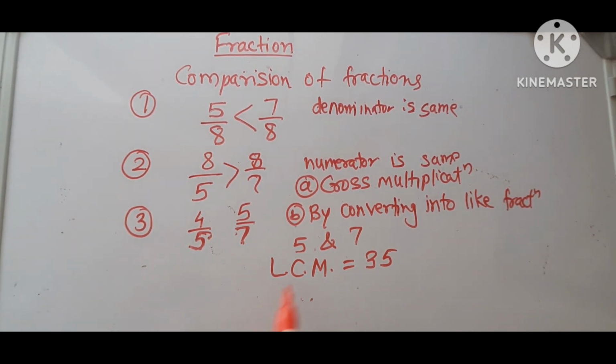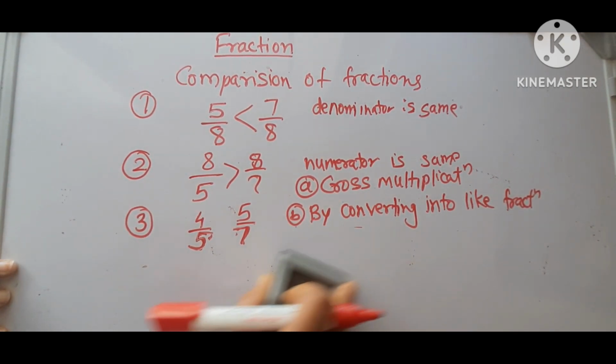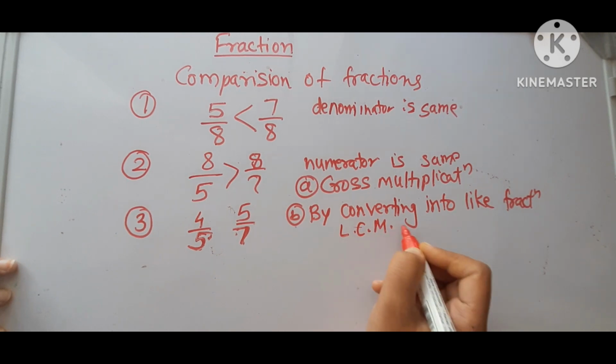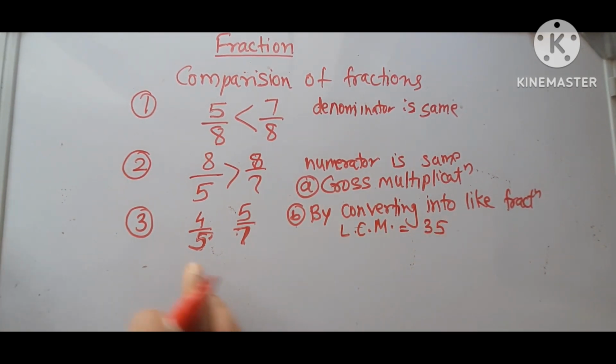So in this case, we know the LCM of 5 and 7 is 35. Now we have to convert the denominators 5 and 7 into the least common multiple, that is 35. To convert 5 into 35, I need to multiply it by 7.